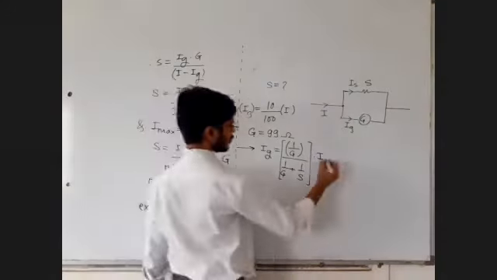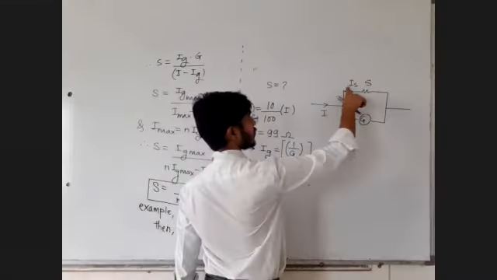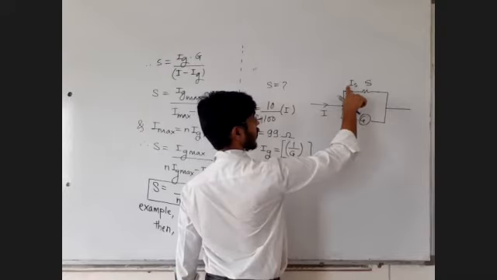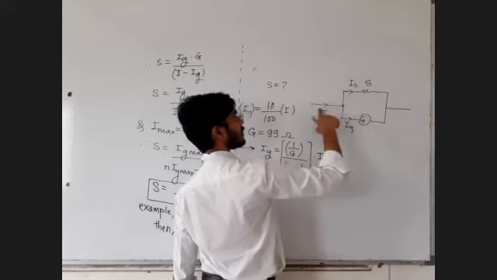Okay. After rearrangement, we know if I say I1, I1 will be equal to R2 upon R1 plus R2 multiplied by total current.